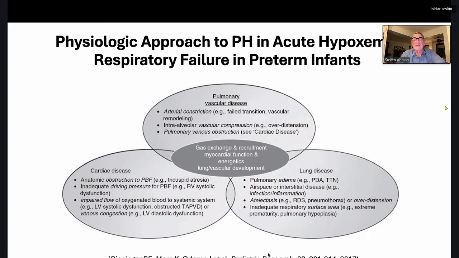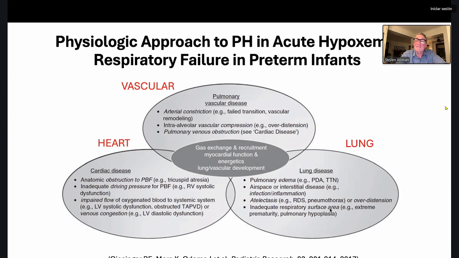And most commonly, frankly, it was related to this heart-lung vascular interaction, that pulmonary hypertension isn't just one thing. There are many features. And although we think about constriction and relieving constriction with nitric oxide, it's how we really ventilate the lung to recruit the lung to distribute NO gas to be of sufficient efficacy.